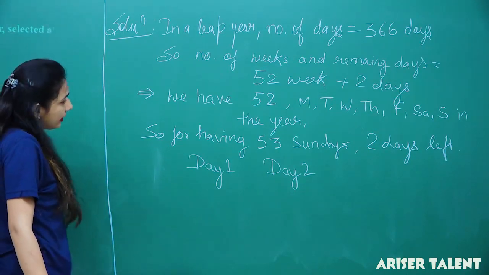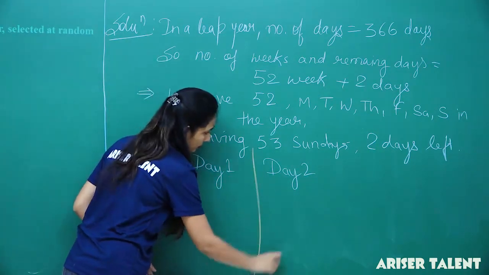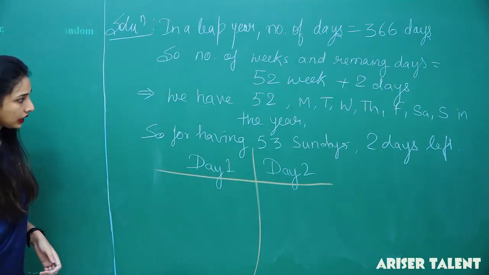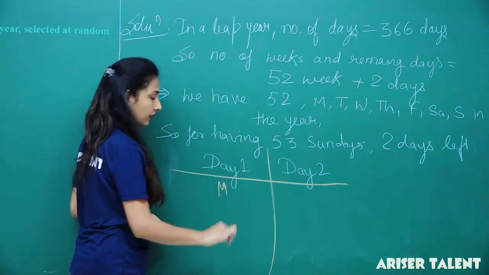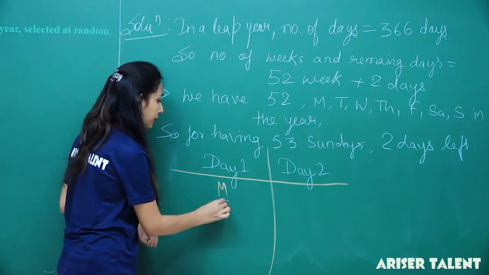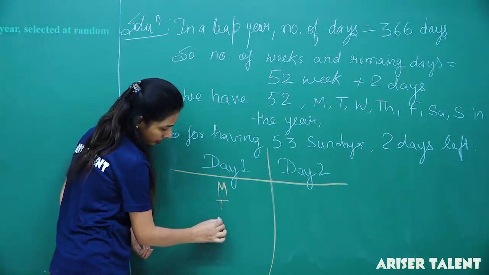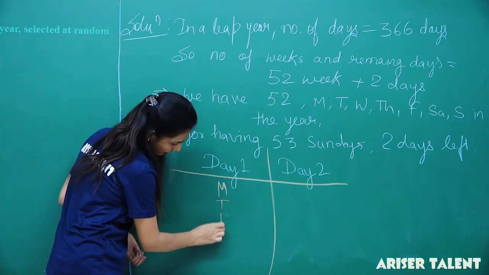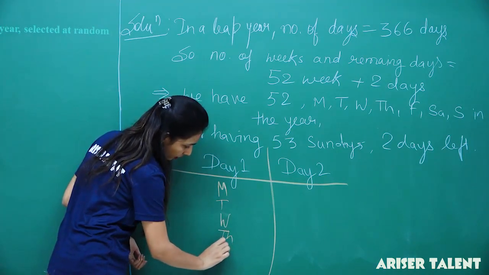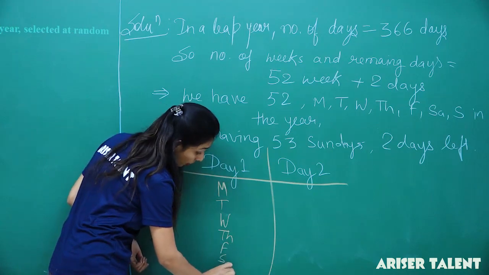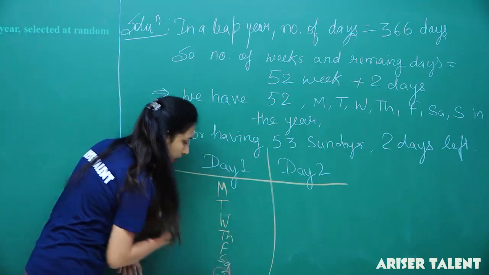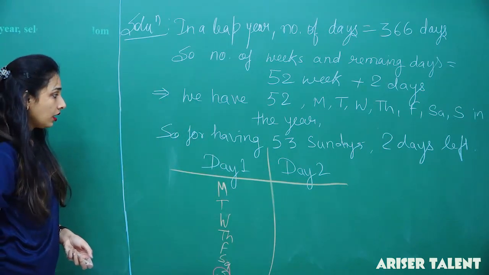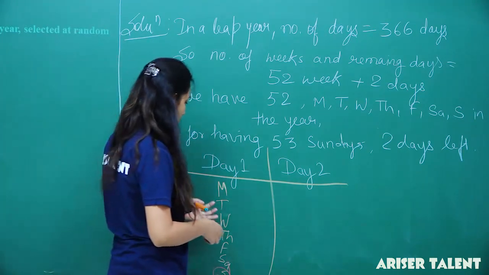What can be the possible cases, students? I'm just thinking if this could be the Monday, or it could be the Tuesday or Wednesday or Thursday or Friday or Saturday or Sunday. This is what I need it to be, Sunday. Let's see if I'm getting what I want or not.